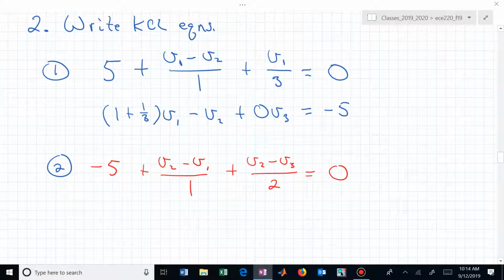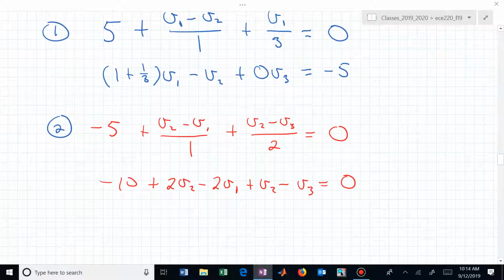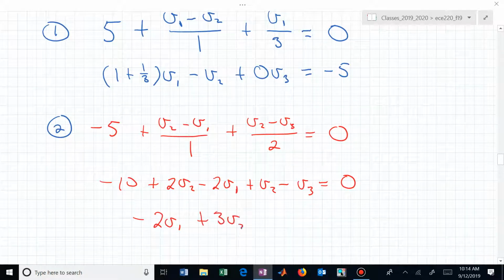If we multiply everything by 2, we have minus 10 plus 2V2 minus 2V1 plus V2 minus V3 is equal to 0. Or, writing that in our linear algebra form, we have minus 2V1 plus 3V2 minus V3 is equal to 10.